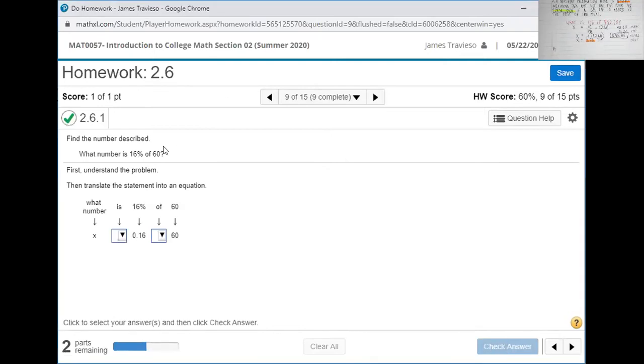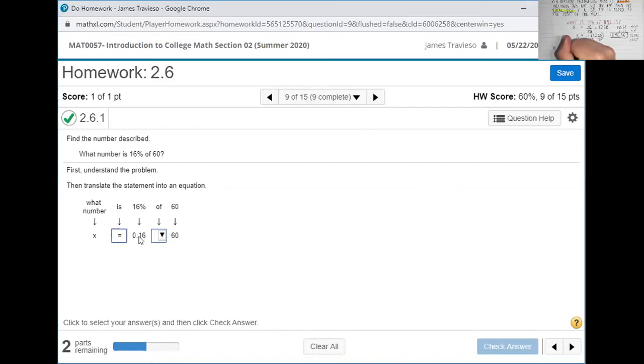Now, what it wants you to do is take this and make it into an algebra equation. We discussed this already. What number, they give you the x. When you see the word "is," you know that you're using your equal sign. Now, they convert this already to a decimal form.